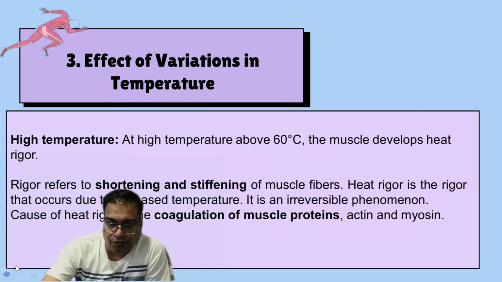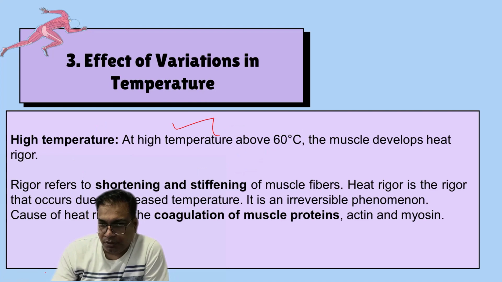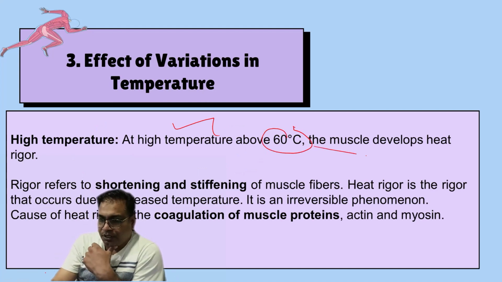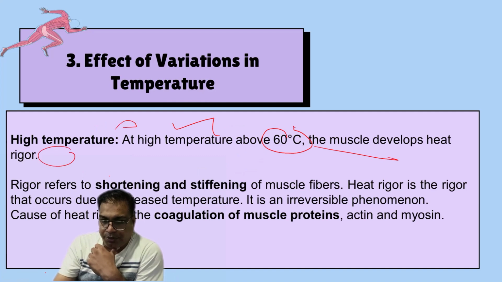Now come to the effect of higher temperature. At higher temperature, around 60 degrees Celsius, the muscle develops heat rigor. It means the shortening or stiffening of muscle fibers.